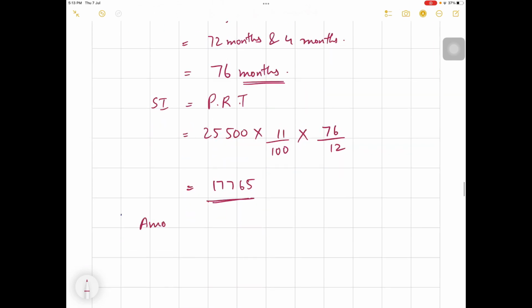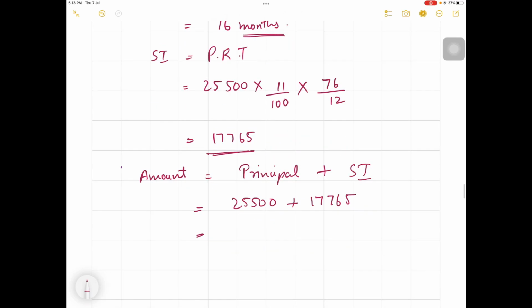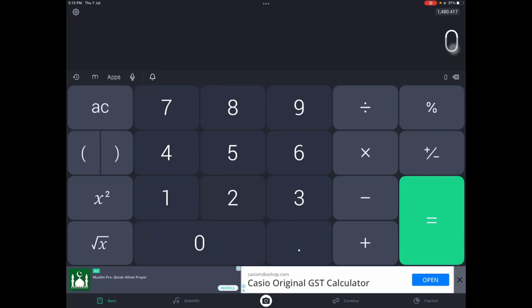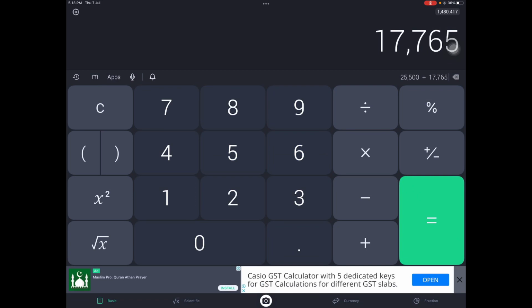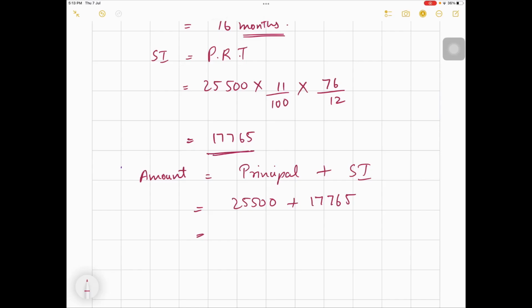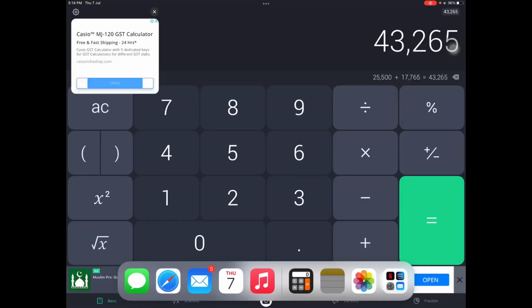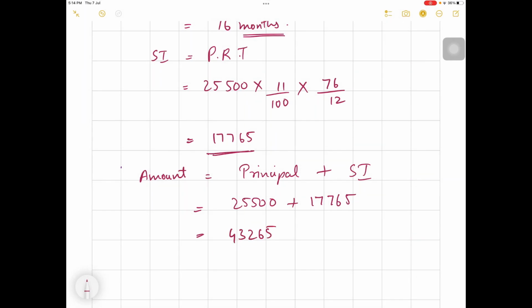So amount is principal plus simple interest, which is 25,500 plus 17,765, which is 43,265.